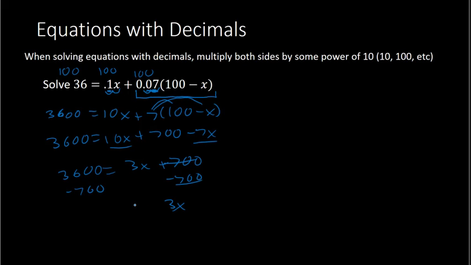We have 3x equals, and then 3600 minus 700 would give me 2900. And then I can divide both sides by 3. So we have x equals 2900 over 3, which would give me 966.6 repeating. So we can round that to 966.67 if we like.